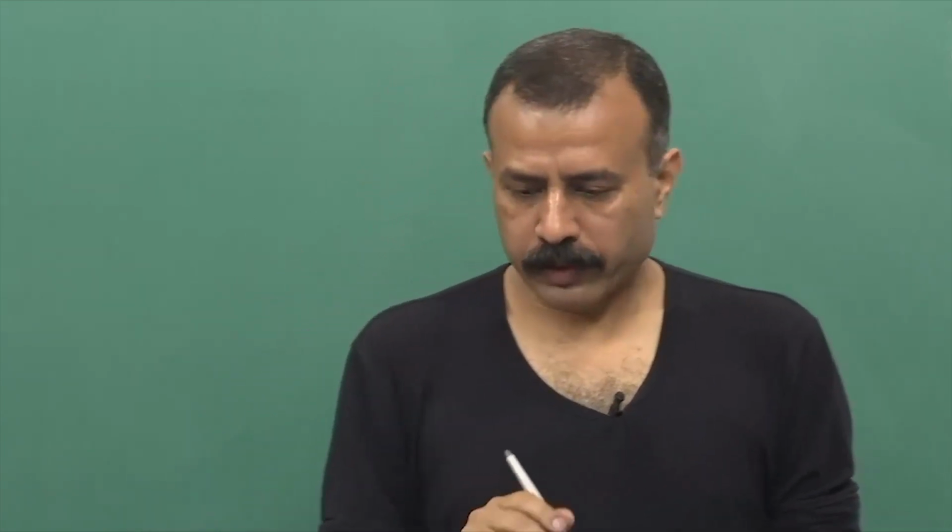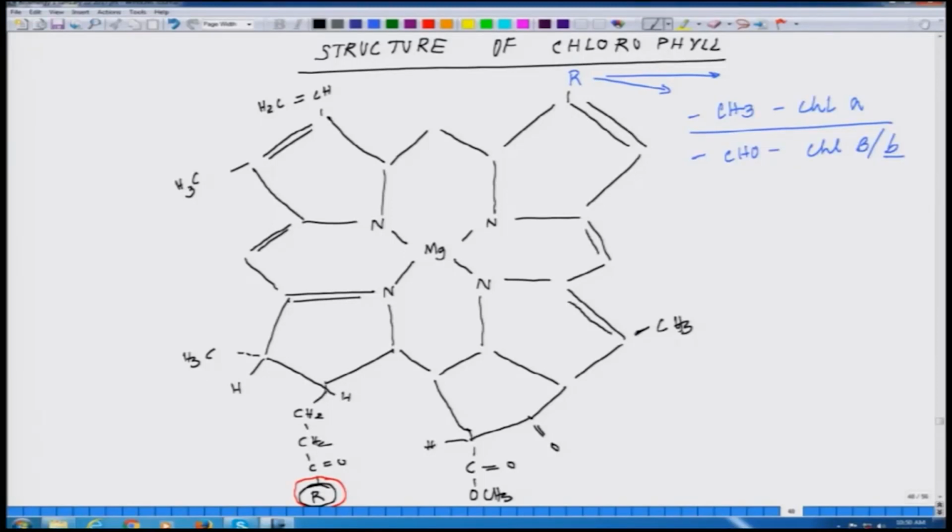Now you see this complex structure, and I haven't explained what that R stands for. Just follow this picture and let us put what that R means in the next slide.